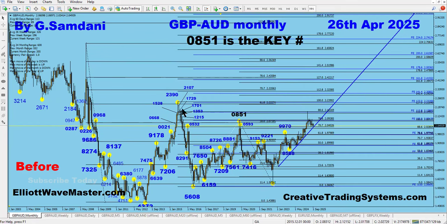See, this one is a 61, so we can say that X, A, and B is at 61, then C, and then D could go to 78 to make a Gartley pattern, where we have this 127 sitting there. And from this fib, 161 is sitting just like that. Then AB equals CD at 100%, 127, or 161.